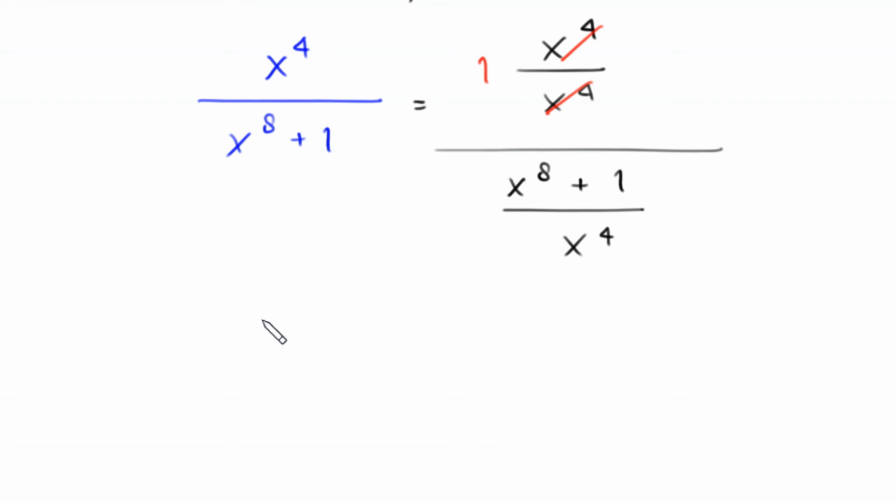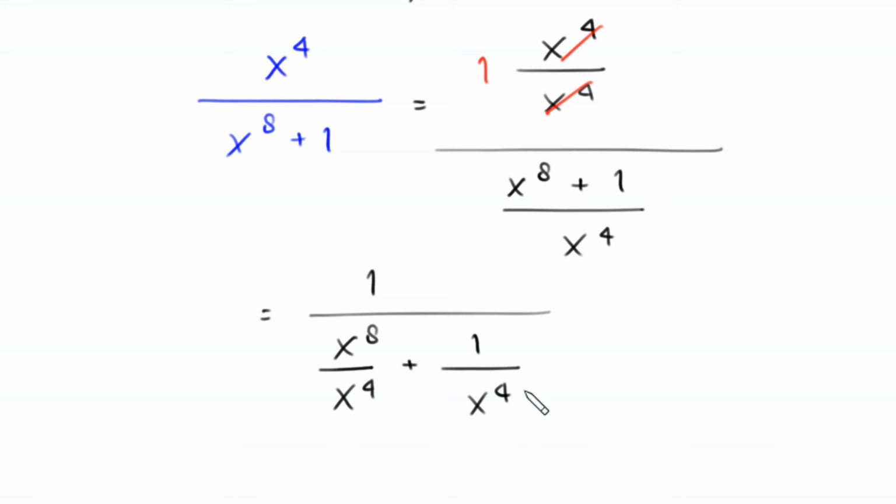So this will become 1 divided by, and we can write this x to the power 8 plus 1 over x to the power 4 in two fractions, like x to the power 8 divided by x to the power 4 plus 1 divided by x to the power 4.